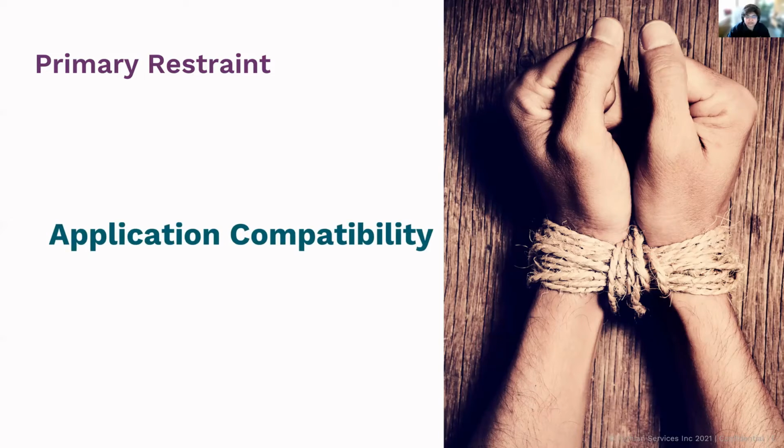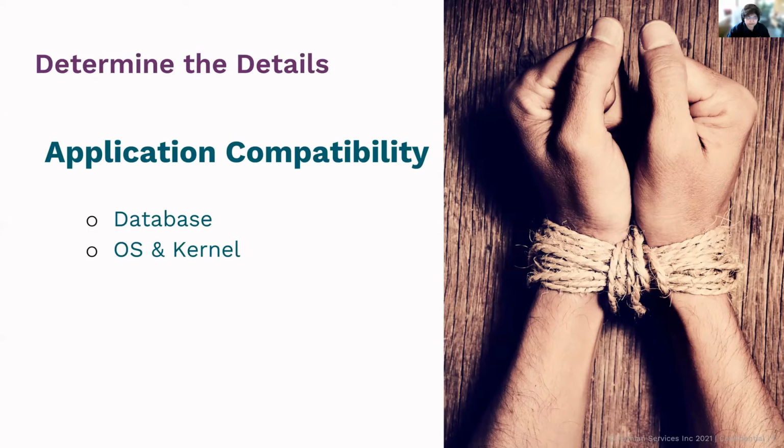So you need to figure out what your application is compatible with, the database it is compatible with, as well as the OS or the kernel it is compatible with. Once you have this information, this is where you're going to begin your journey from. Now, again, OS and kernel, why are they important? I mean, why do we care what OS or what kernel is compatible to your application?